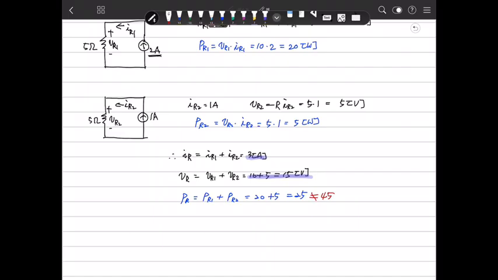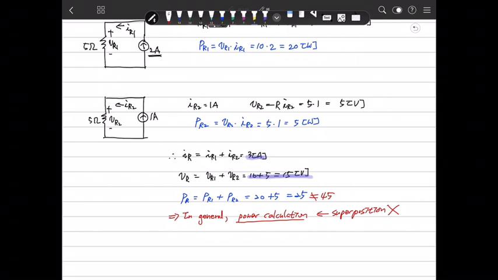So, in general, when you calculate the power, the superposition cannot be applied. When you do power calculation, superposition should not be applied in general.